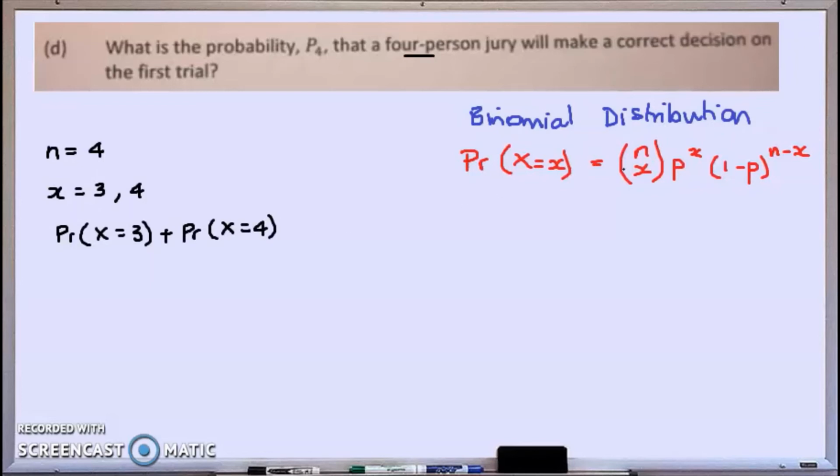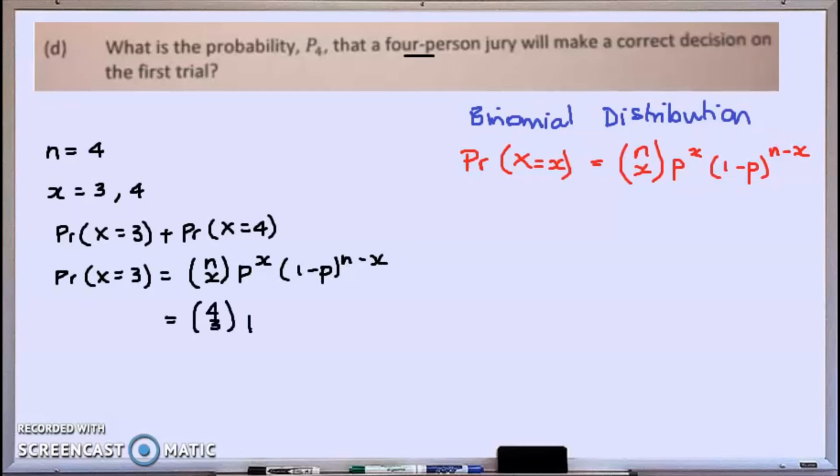And I'm going to use the formula to do this. The probability that x equals 3 will be n over x, so that's not a fraction, remember, this is the factorial business that I talked about before, by p to the x and 1 minus p to the n minus x, which will be 3 times p cubed and 1 minus p.